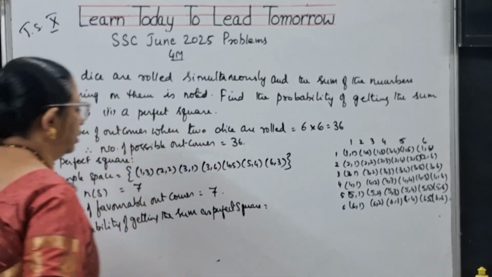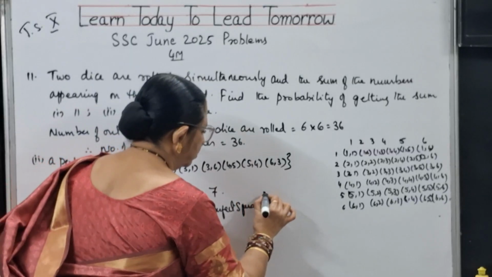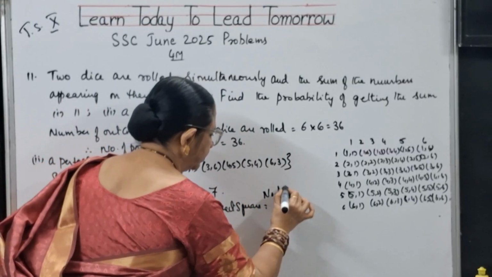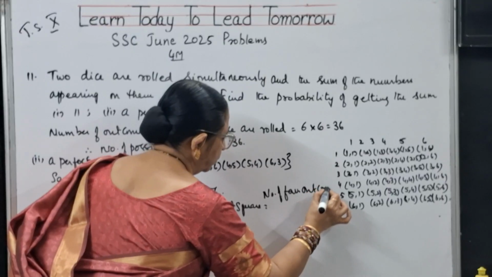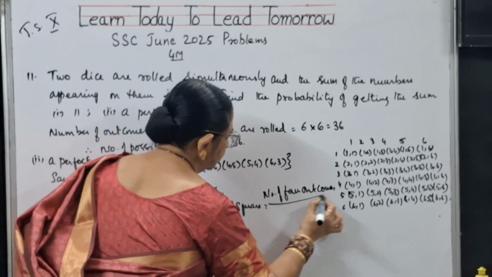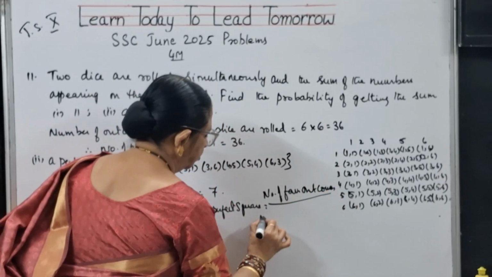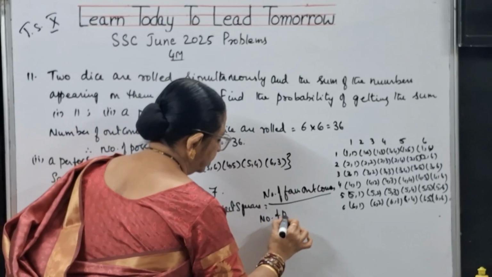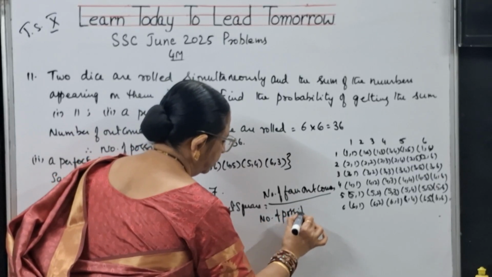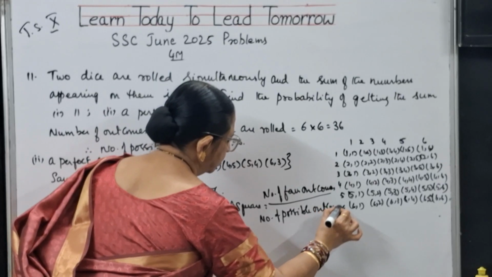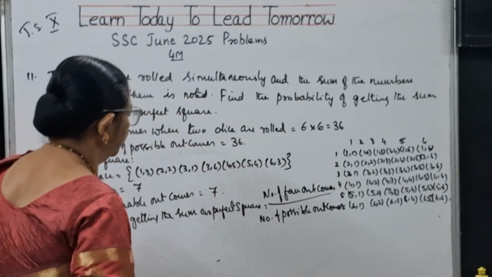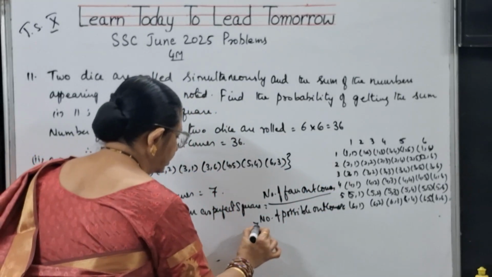What is the formula? Number of favorable outcomes. I have no space, so I wrote only abbreviations. You have to write fully, children. Number of possible outcomes. So, what are number of favorable outcomes? 7.